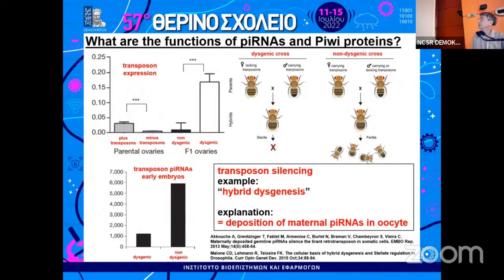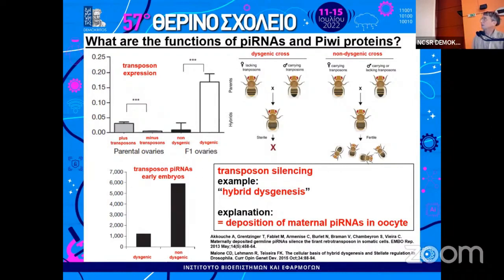the progeny is sterile. This occurs when a female fly of one strain lacks transposons which are present in the genome of the male fly with which the mating occurs.